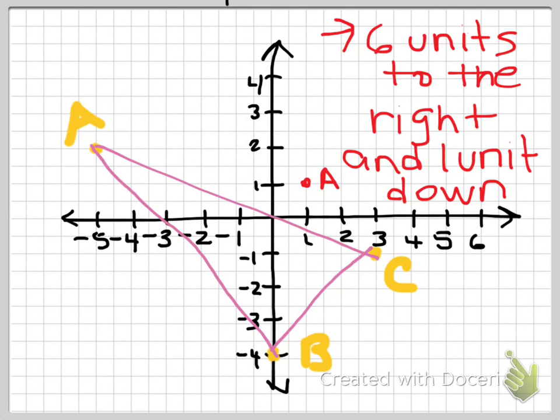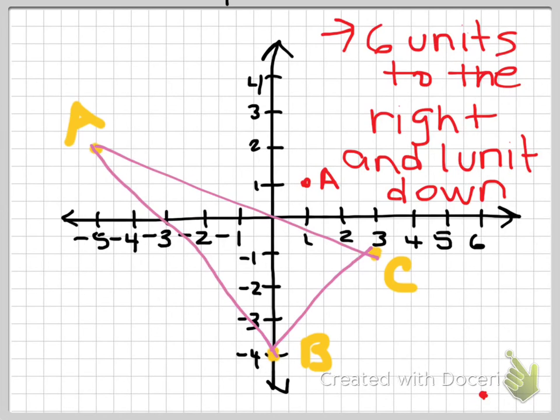I'm going to do the same thing with each other point. So for B, 6 units to the right would mean we would go all the way over to 6 on the x-axis, and then we would go 1 unit down from this, and that's actually going to be -5 on our y-axis. So I don't have -5 labeled, but that would be right down here.